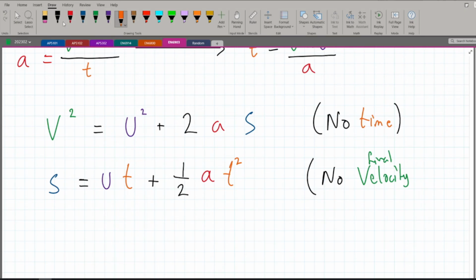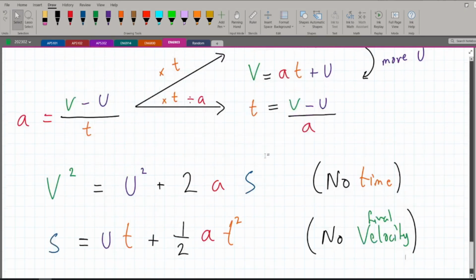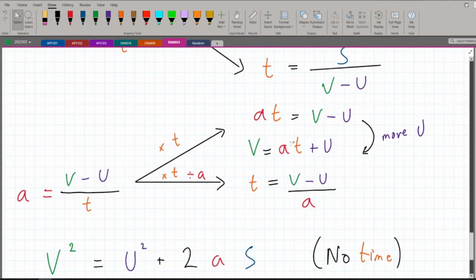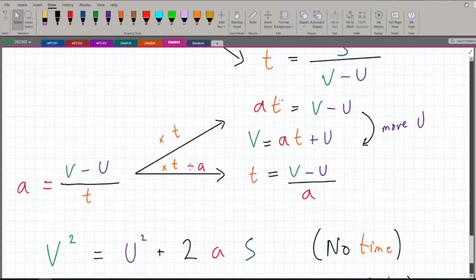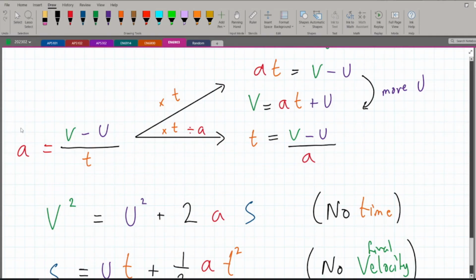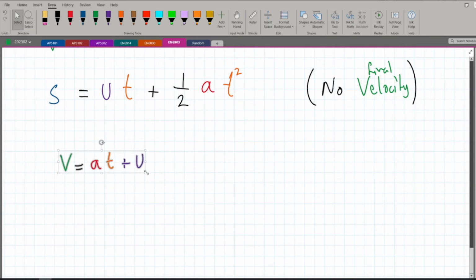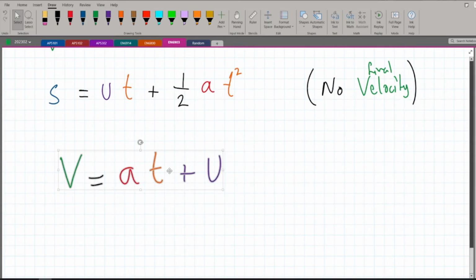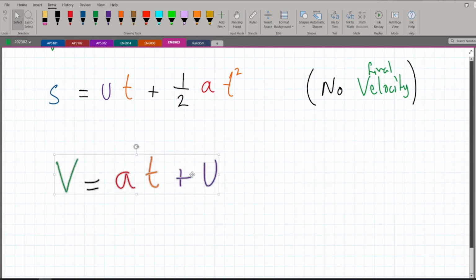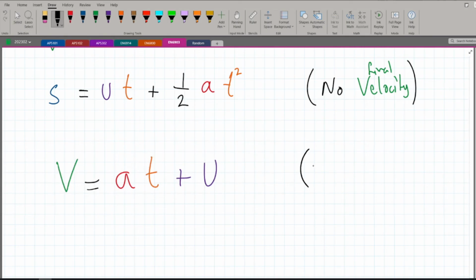If you notice, we don't necessarily have to just use these. In this case here, we have no displacement. If I bring down this equation again, which is a is equal to v minus u over t, this is the more general form.